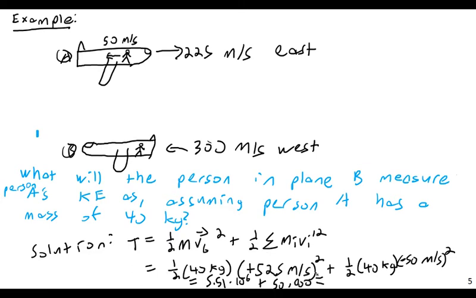I probably should have chosen a system with more compatible velocities, but oh well. The idea is the same. And I get, finally, 5.56 times 10 to the 6th joules. That will be our final measured kinetic energy of person A or object A, depending on what we're launching, et cetera. And that's the basic idea.